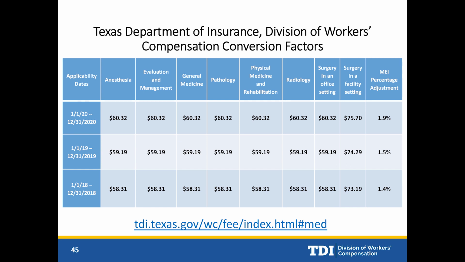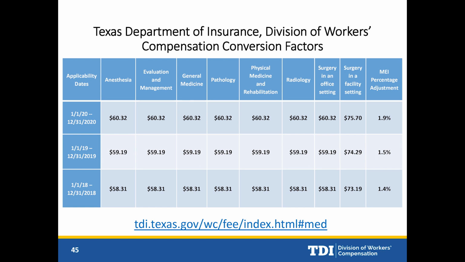This is a representation of how our conversion factors have changed over the years, starting back in 2018, which we really started in 2008, but this just represents the past 2 years. So from 2018, you can see that the conversion factor for most professional services was 58.31, and then it increased in 2019 to 59.19, and for 2020 it's going to be $60.32.